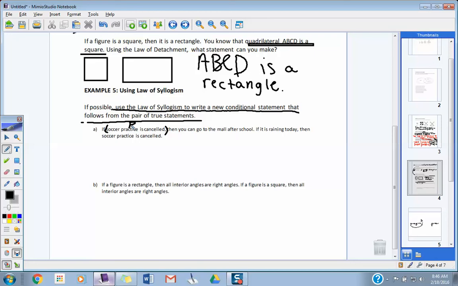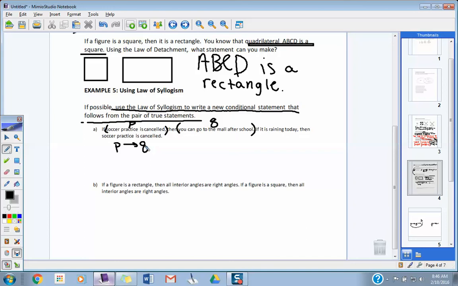Then you can go to the mall. So the part right after then I'm going to put in parentheses like this, and I'm going to call that Q. Okay, so the first sentence is P implies Q. I've assigned soccer practice is canceled to P. I've assigned then you get to go to the mall as Q.